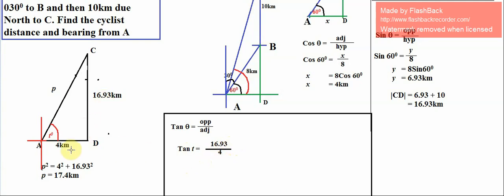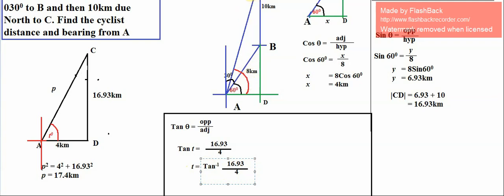We are looking for T, so tan will cross the equal sign to become tan inverse. So T is equal to tan inverse of 16.93 over 4. We use the calculator to find the value of tan inverse of 16.93 over 4.